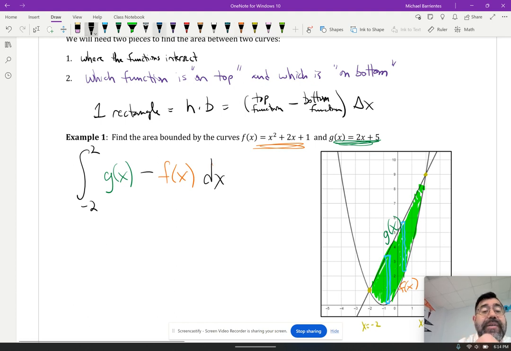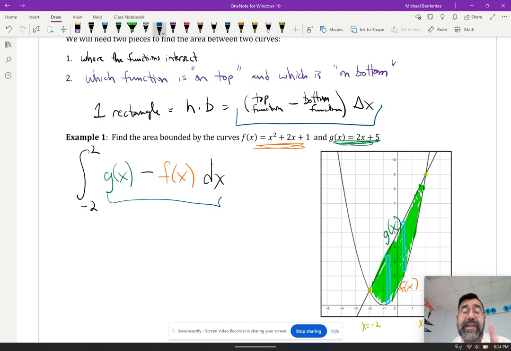That would have given us one rectangle. But we want to add an infinite number of rectangles, which is why we're doing the integral from negative 2 to 2. An integral is an accumulator. It's accumulating all these areas of rectangles. And my area of rectangle is given by g of x minus f of x times dx, which stands for my delta x. So if I can figure this out, I'm done.